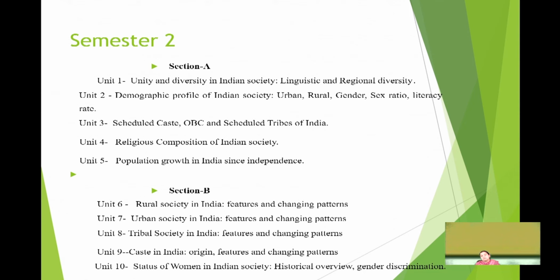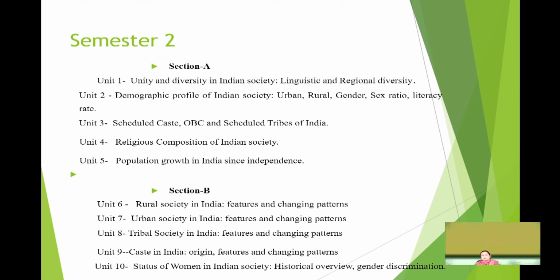The major parameters discussed were urban, rural, gender, sex ratio and literacy rate. These parameters are very important in order to understand the diversity, and if we do not have this kind of understanding, we will not be able to make right policy decisions.